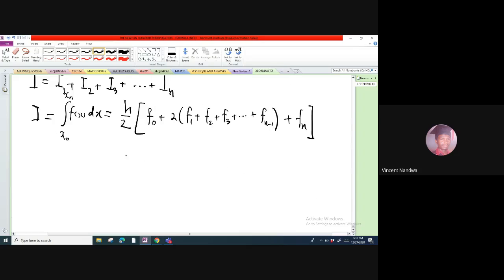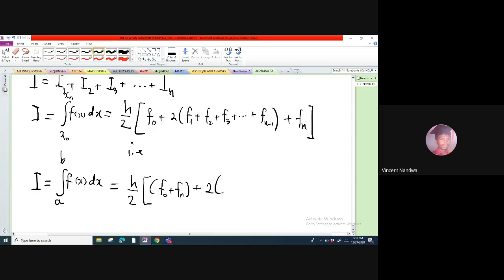That is, I, which is given by the integral from a to b of f of x dx, is h over 2 into f0 plus fn plus twice f1, f2, f3 up to fn minus 1.